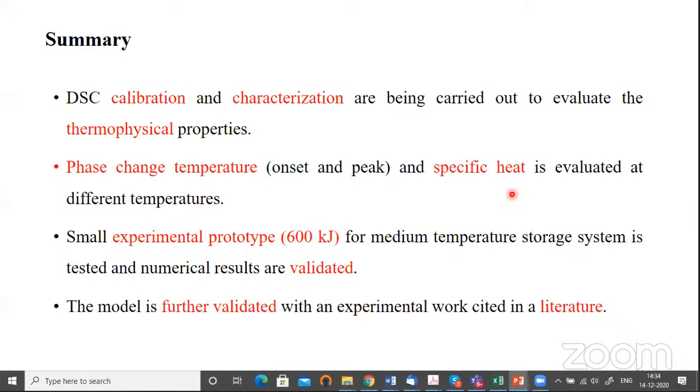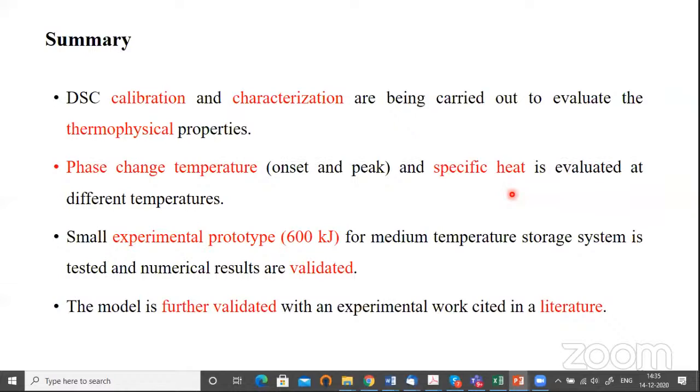We designed an experimental prototype to find how efficiently it can be utilized to maintain the temperature at the required level when it is sent to the field for the job of storing energy and utilizing it during the off peak time.